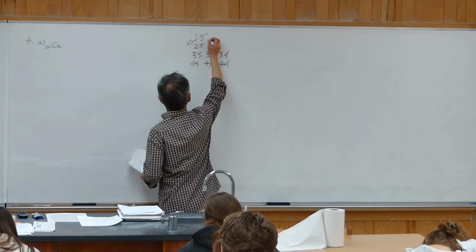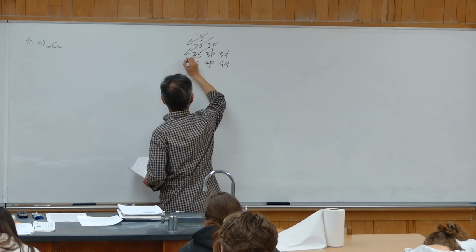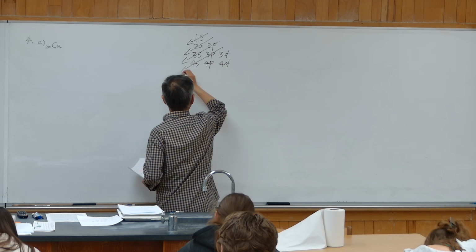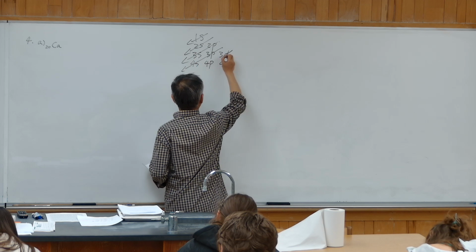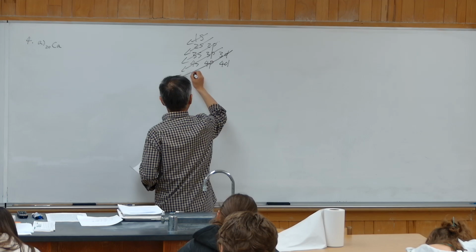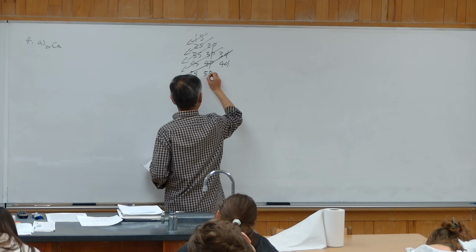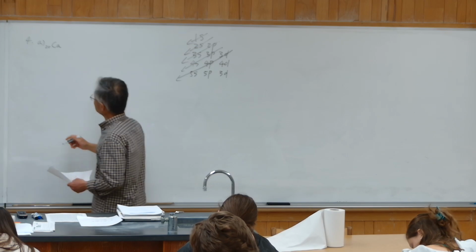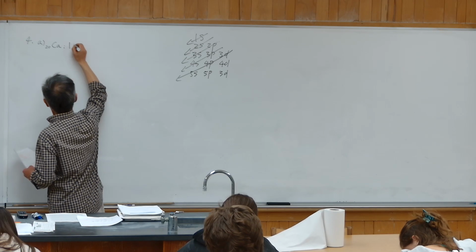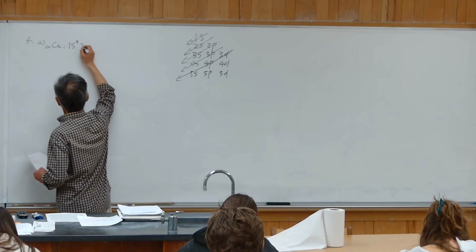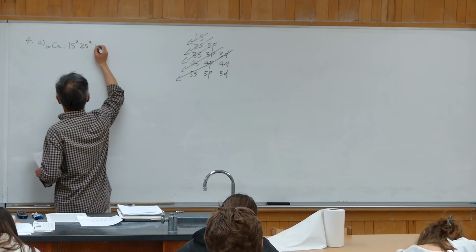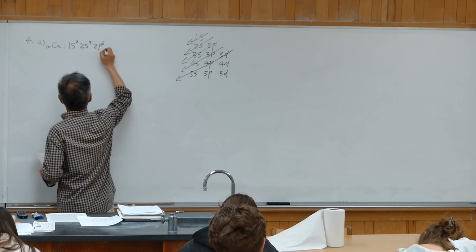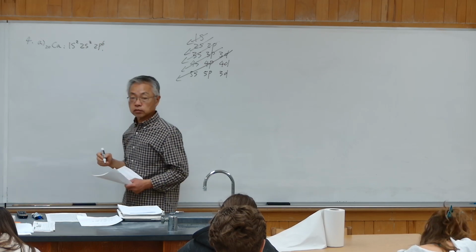So 1s, then 2s, then 2p, 3s, then 3p, 4s, followed by 3d, 4p, 5s. According to this order, we can write the electron configuration. So place 2 in 1s, 2 in 2s, then 6 in 2p.